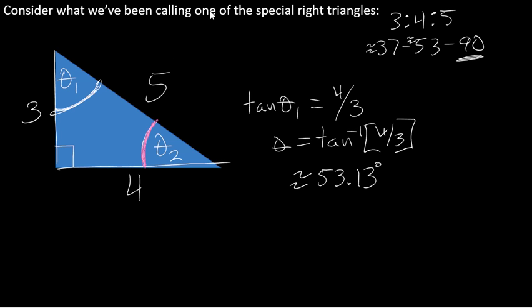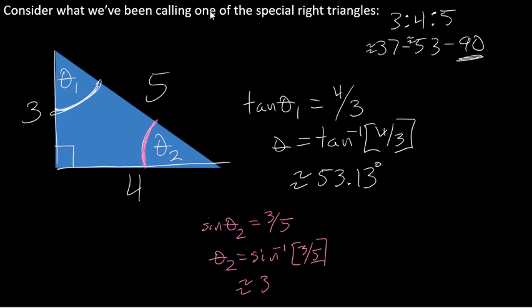Okay, so if I go ahead and do the math for theta 2 right here, I'm going to use the arc sine. So let me set it up. So sine of theta 2 is equal to 3/5, which means theta 2 is equal to the arc sine of 3/5. Okay, so let's go ahead and do the math for that and see what theta 2 is. So theta 2 is approximately 36.87 degrees.